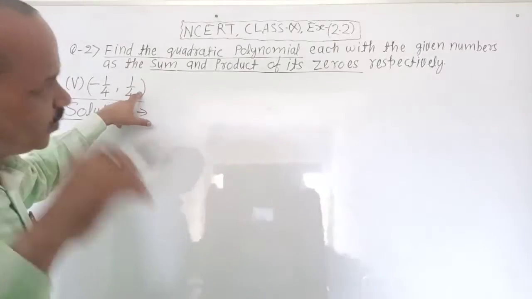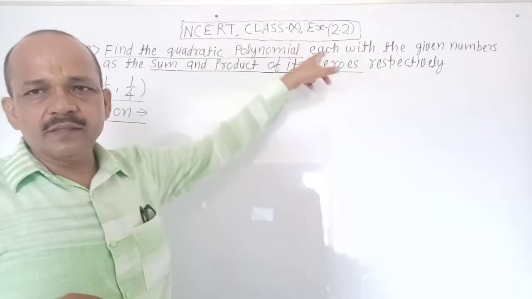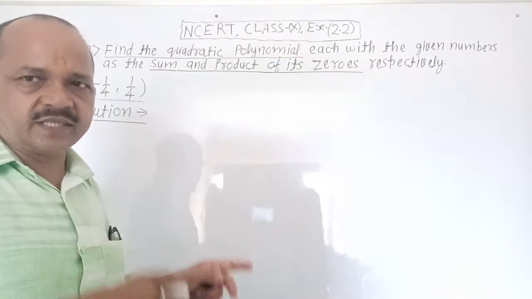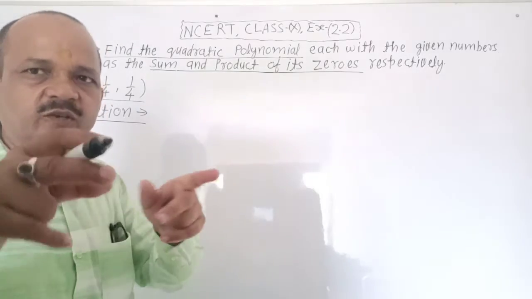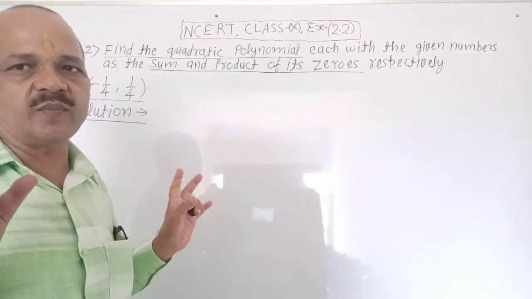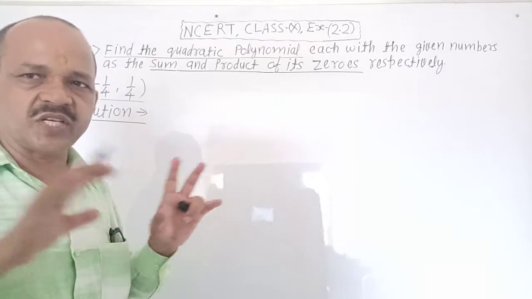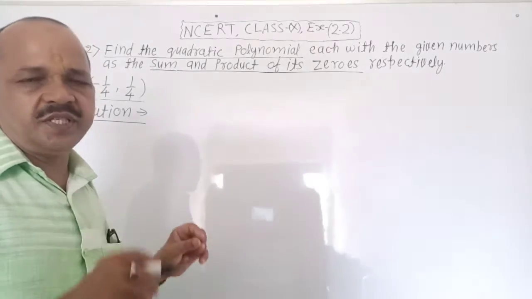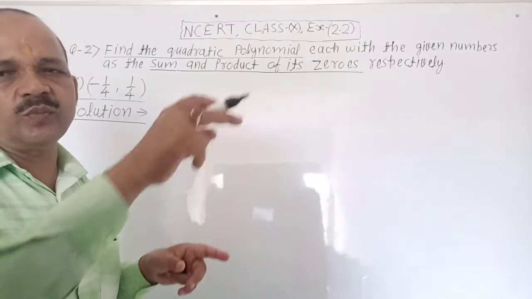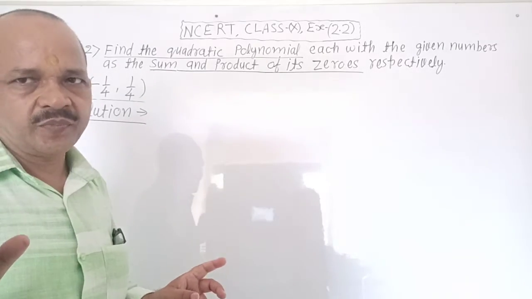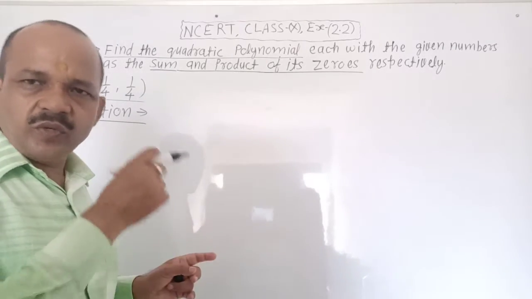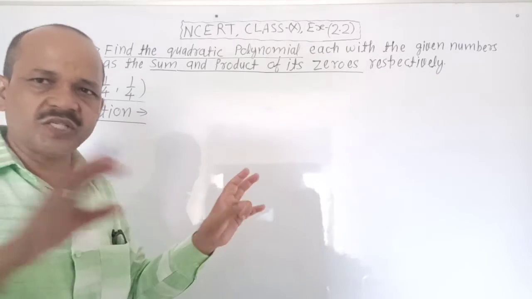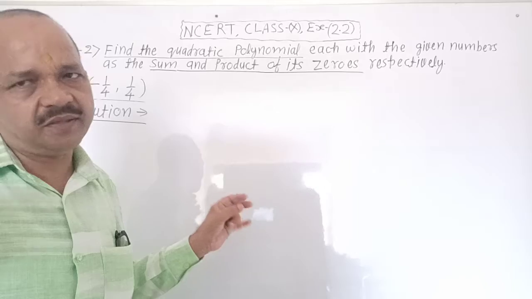Very good. You find the quadratic polynomial. Form of quadratic polynomial is ax square plus bx plus c equal to 0. It is clear, no confusion about it. Very good. Sum of zeros equal to alpha plus beta equal to minus b by a. Product of zeros equal to alpha multiply beta equal to c by a. It is clear, no confusion about it. Very good.